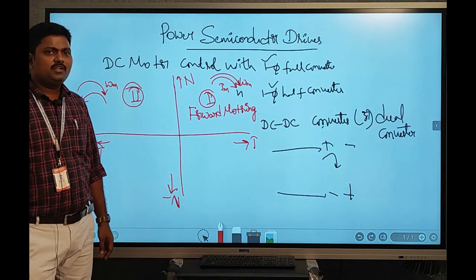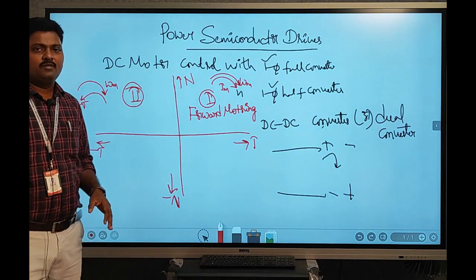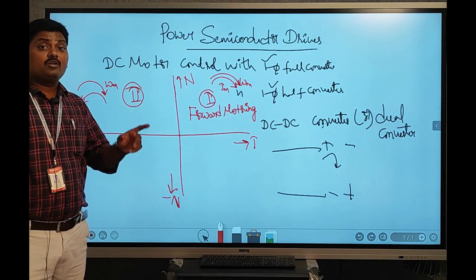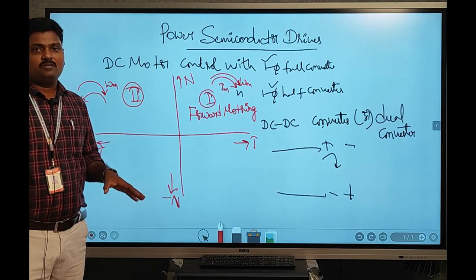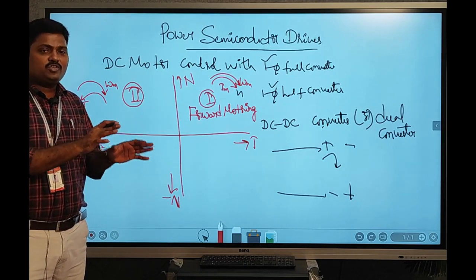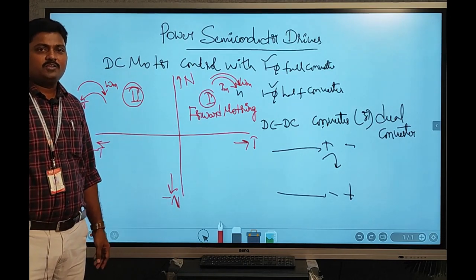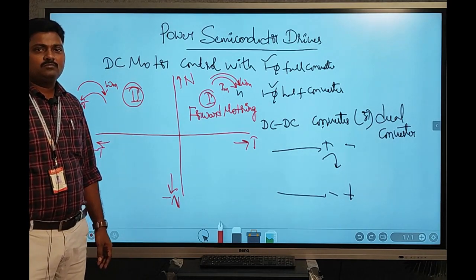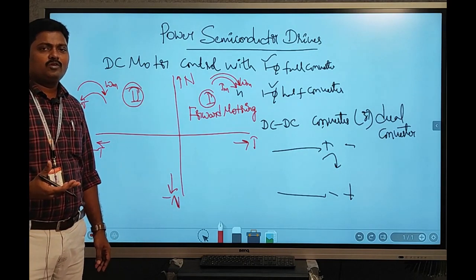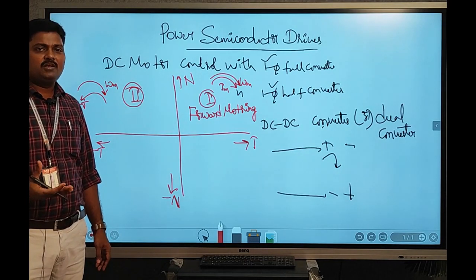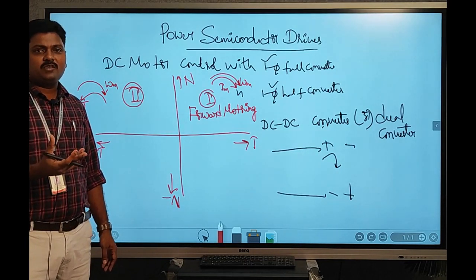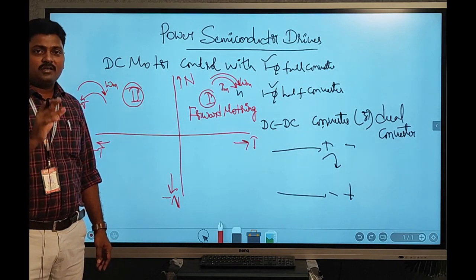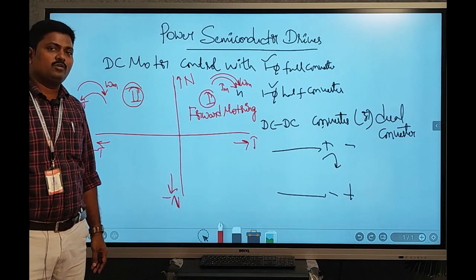When do we need the developed torque to be negative? When the load needs to be stalled, when the load needs to be stopped. That means whenever we want to apply the brake on the load. Applying a brake on the load can be done easily and efficiently within less response time by developing a negative torque inside the motor.